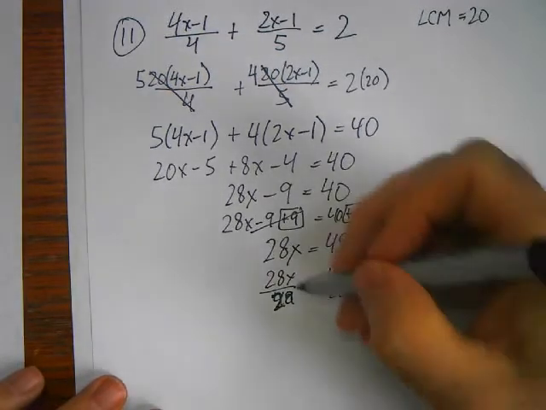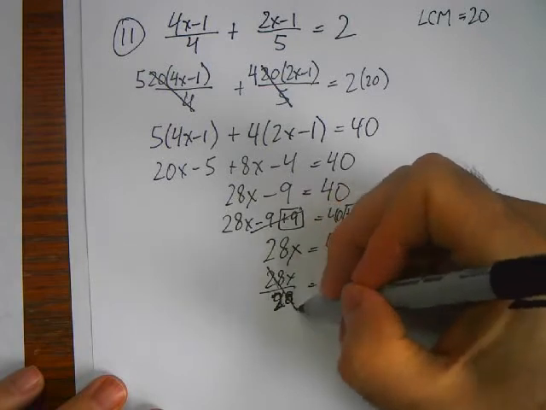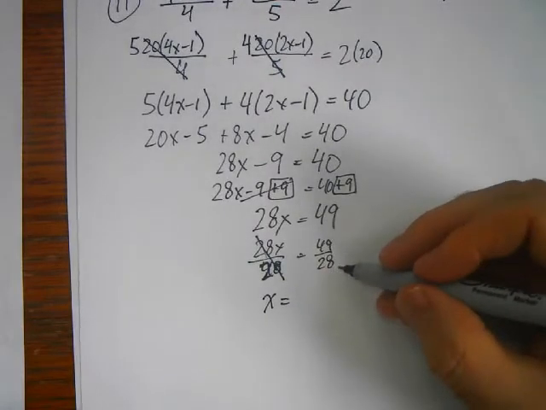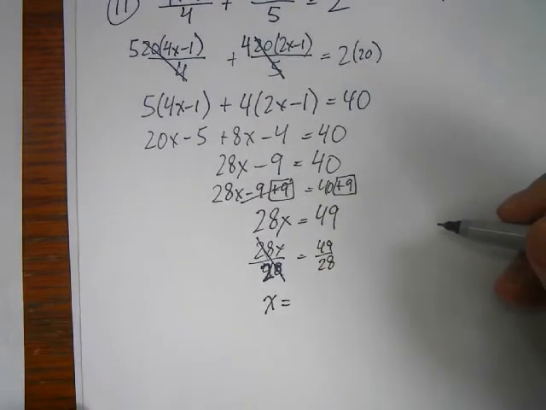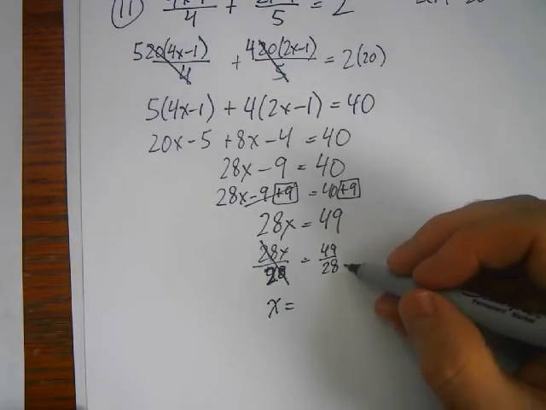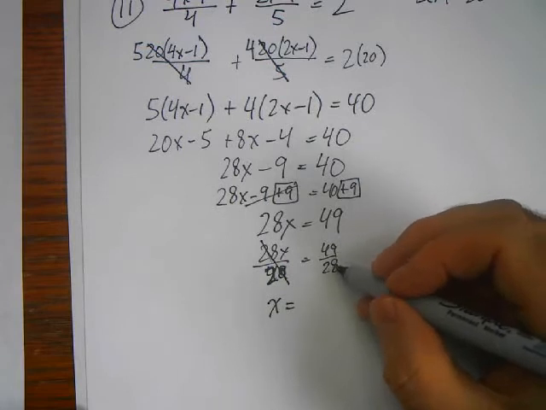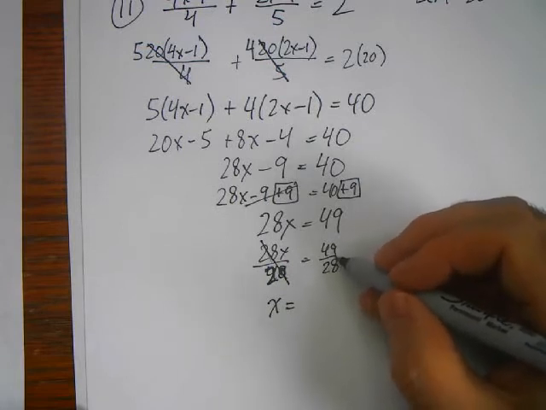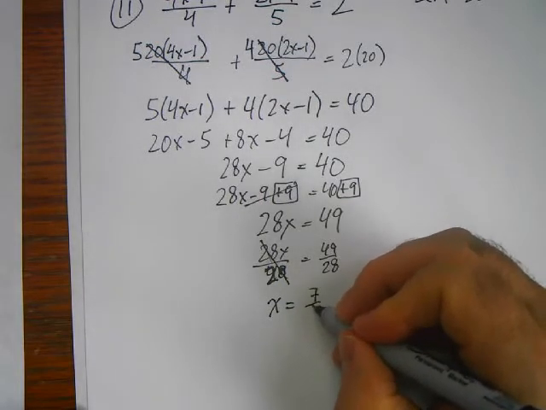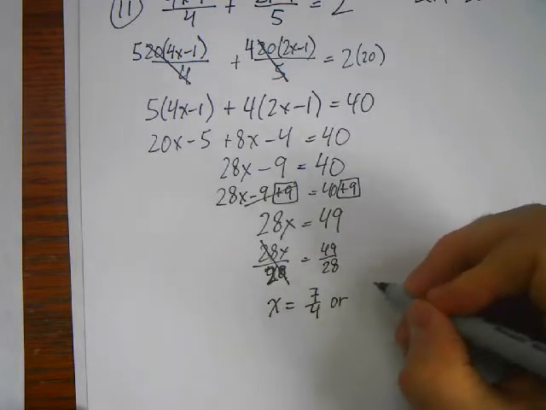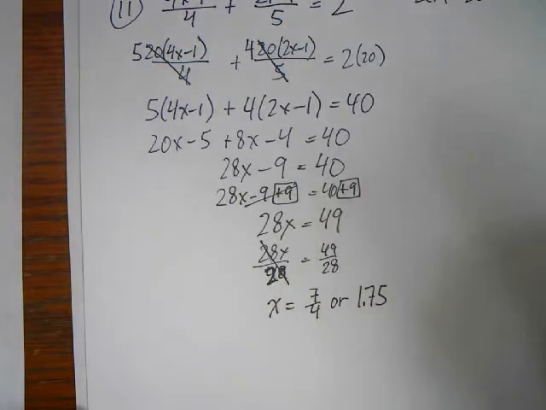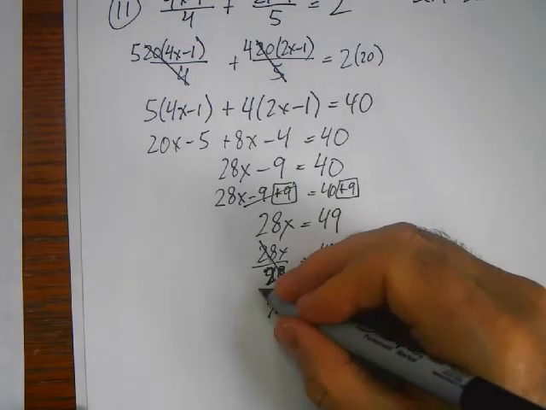And 28 divided by 28, this always should cancel out. And 49 over 28, if you do that on your calculator, you'll get a decimal. What we could do is see that both of these numbers I can divide by 7, so I can reduce this fraction. That would reduce to 7 over 4, or if you did the division right away, you get 1.75, which is exact. So either one of these answers would be acceptable.